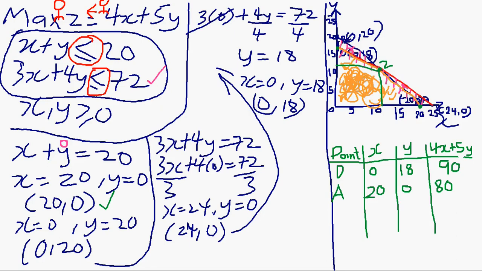So the equation for the blue line was x plus y is equal to 20. Then the other one, the red one, is 3x.